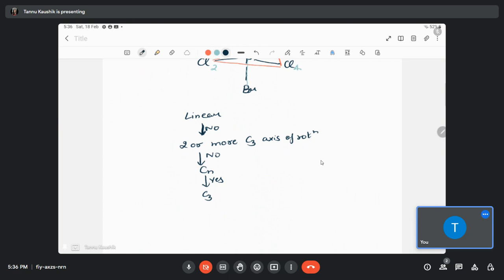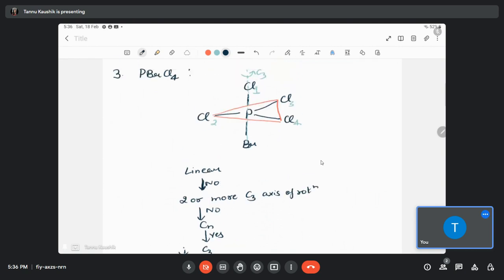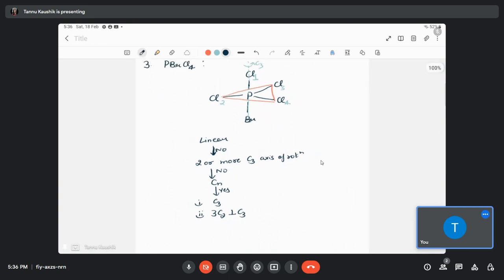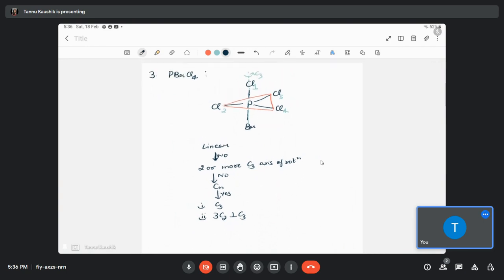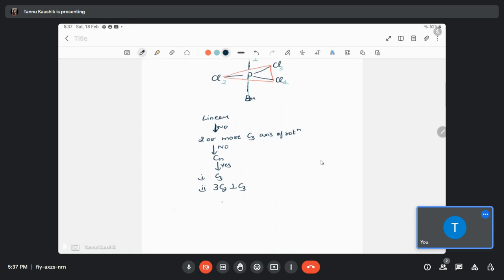Okay, so we have a C3 axis of rotation here, but do we have three C2 axes perpendicular to this C3 axis of rotation? No, we don't. If we would have PCl5, then this condition would have been fulfilled. But here, since we have this bromine present, we won't get an equivalent configuration with any C2 axis of rotation operation. So this condition is not fulfilled.